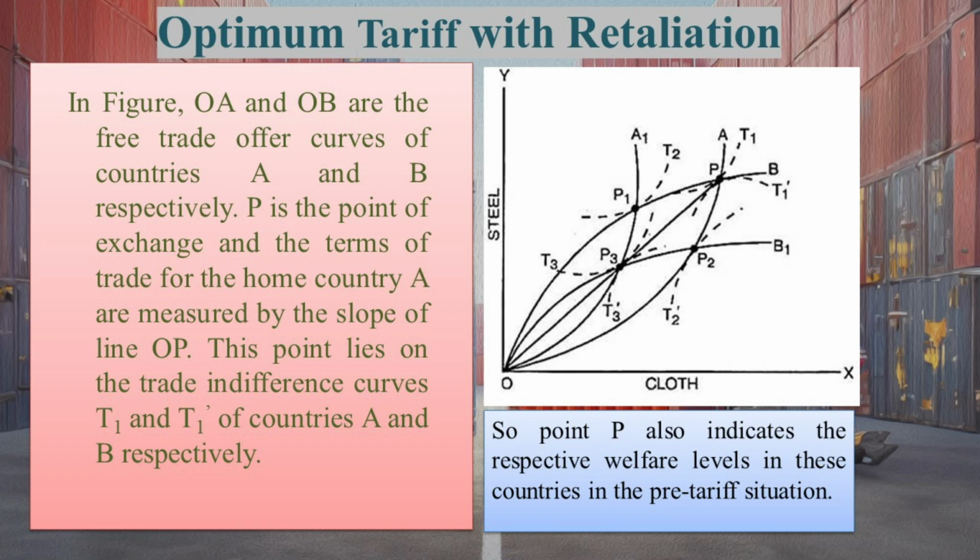T1 is for country A, and T1 dash is for country B. So point P also indicates the respective welfare levels in these countries in the pre-tariff situation. Before the tariff was imposed, this point P represents the level of welfare in both countries, A and B.